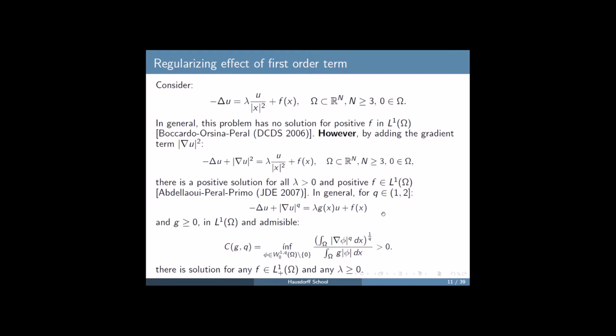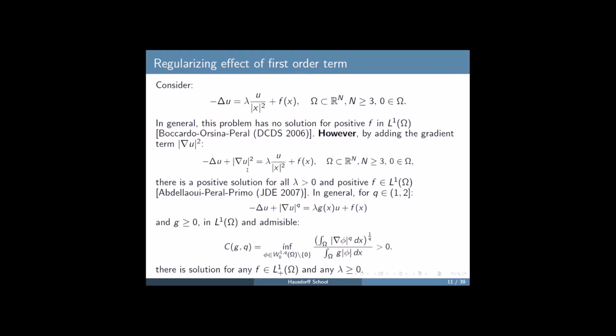So in this way, if you have first order terms in an equation like this, that term produces a regularizing effect and allows for the existence of solutions in the equations.